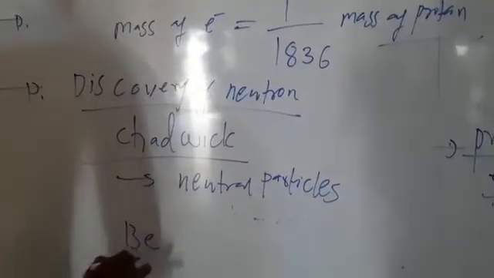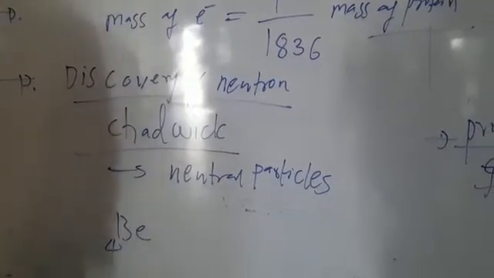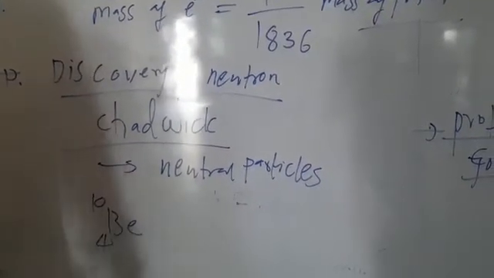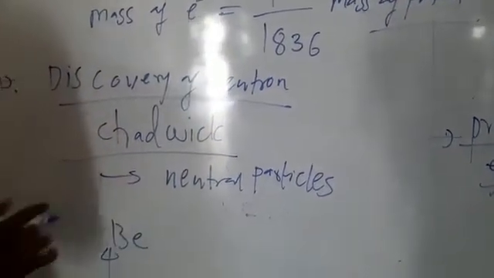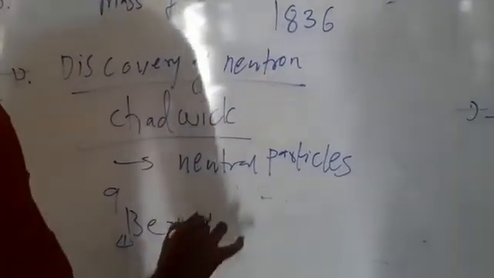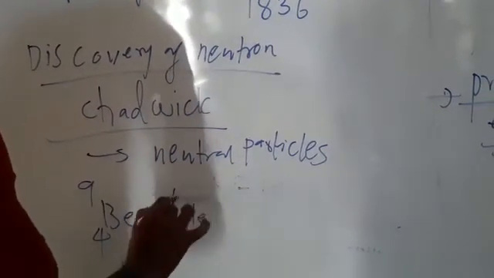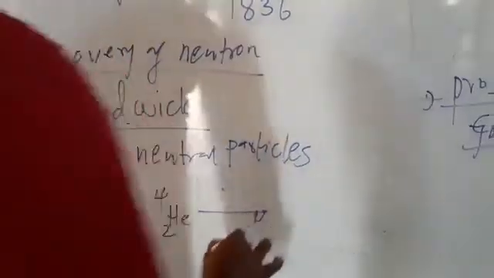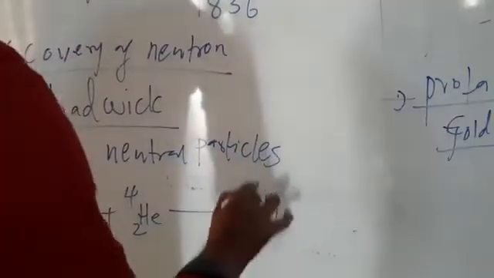beryllium-9 isotope is bombarded with a helium particle. Now he got a neutral particle.